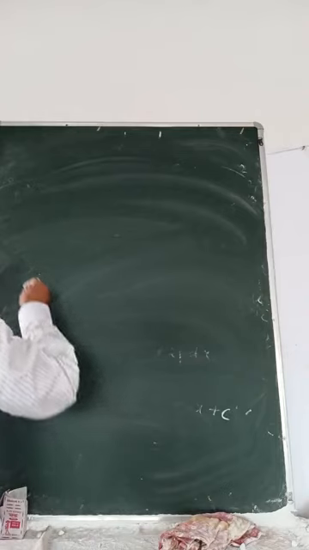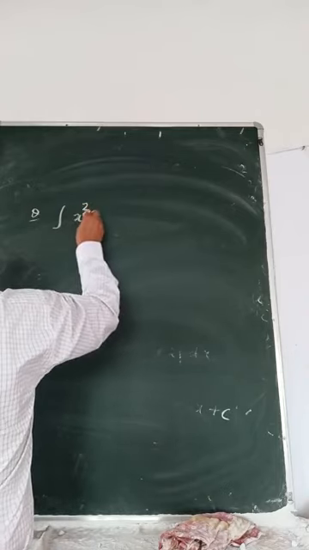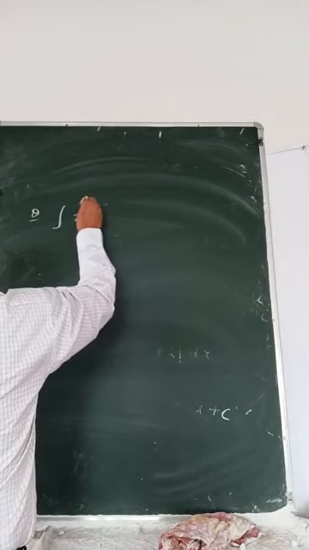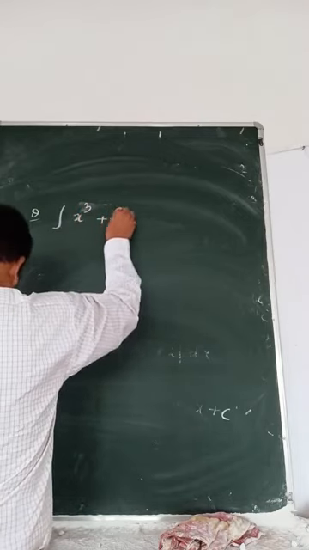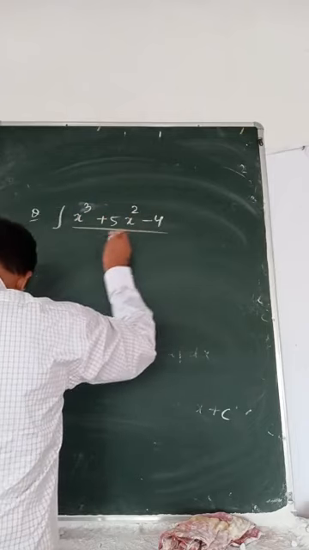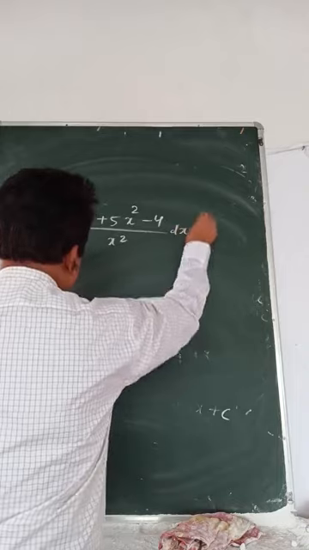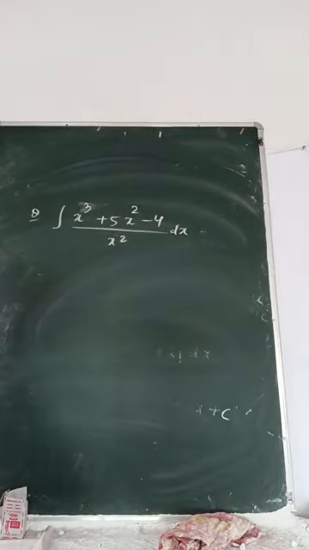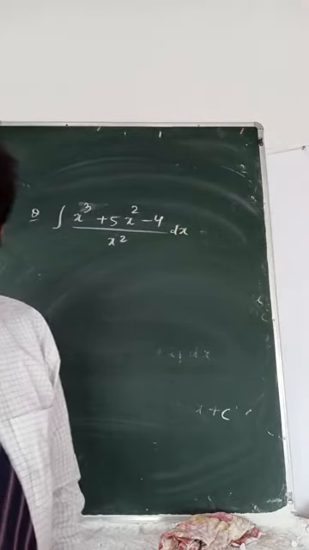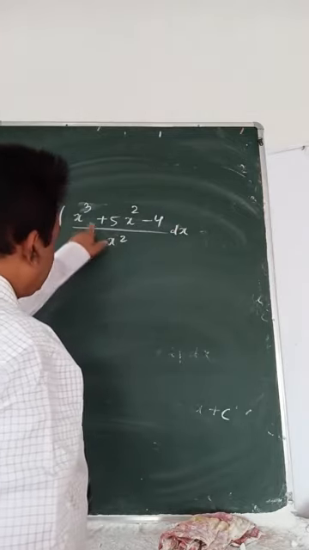Suppose I got a question: integration of (x cube plus 5x square minus 4) divided by x square dx. So what will we do in this case? We can divide them first individually.